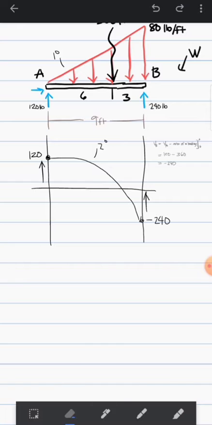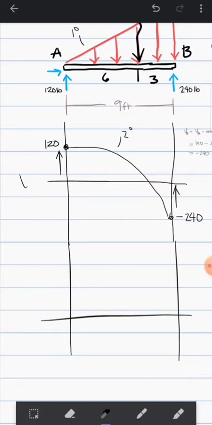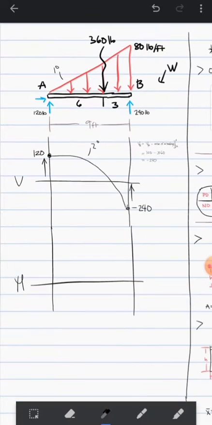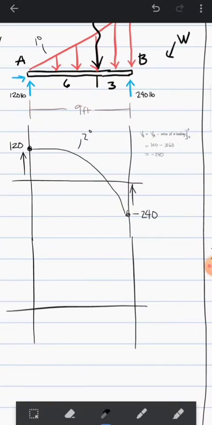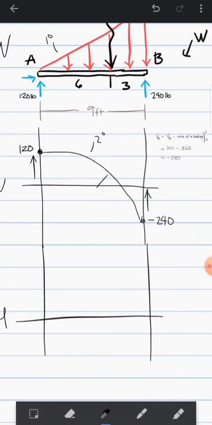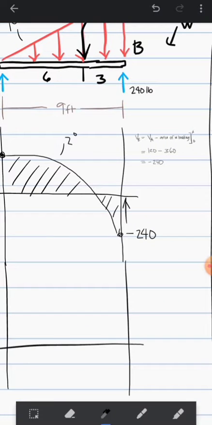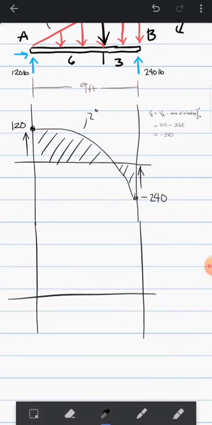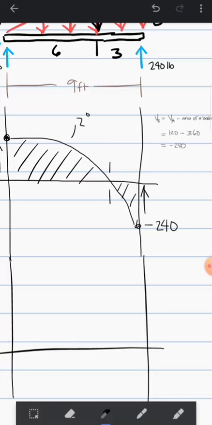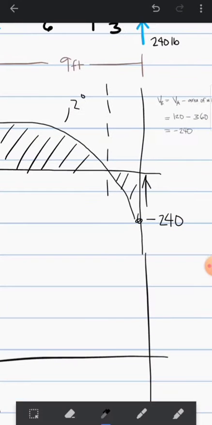Of course, to draw the moment diagram, we still base it on the shear. Just like as we draw shear, we base it on the W diagram or the loading diagram. We will find this area, which is why it is called the area method, and also this area here, to get the shape of the moment diagram. Another interesting part here is when the V touches 0.